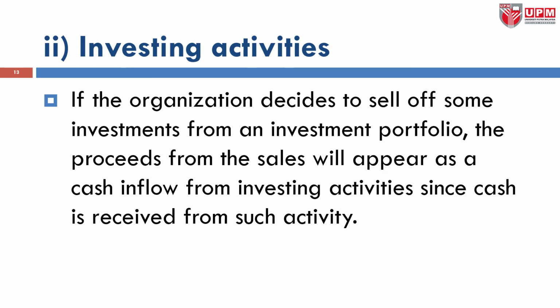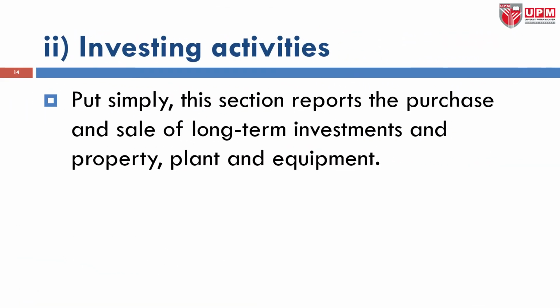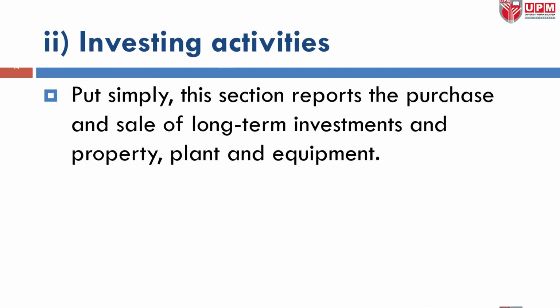So if the organization decides to sell off some investments from an investment portfolio, the proceeds from the sales will appear as a cash inflow from investing activities since cash is received from such activity. Put simply, this section reports the purchase and sale of long-term investments and property, plant, and equipment.